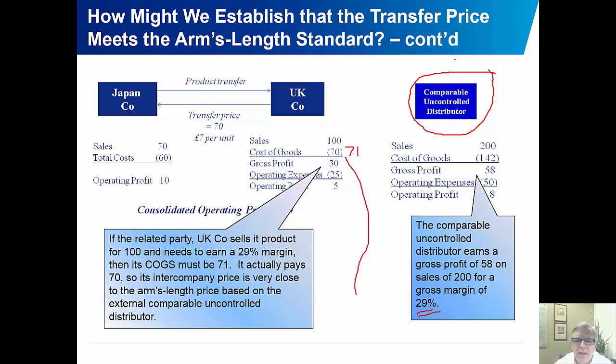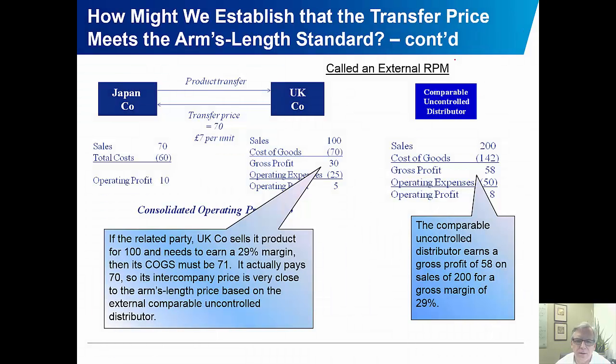Now, all that said, this is very sensitive to the similarity or the comparability of the uncontrolled distributor and our tested party, which in this case is UKCO, our distributor that we're looking at. Let's talk about some of the things that are going to matter here. This is what we've called the external RPM.